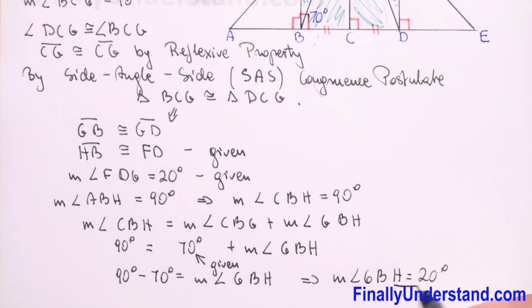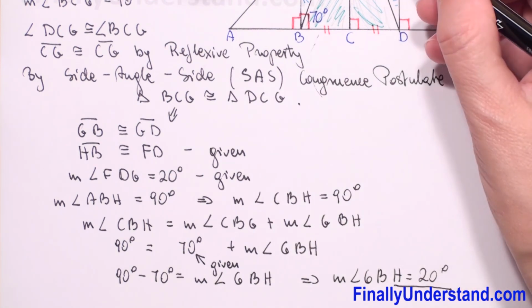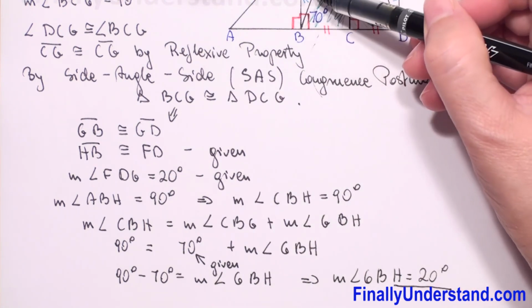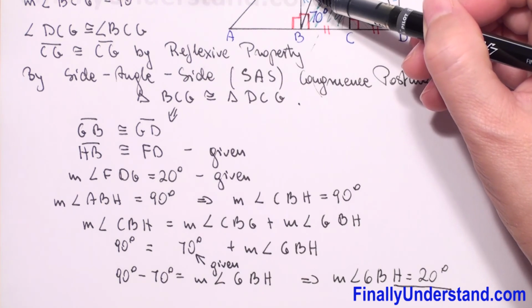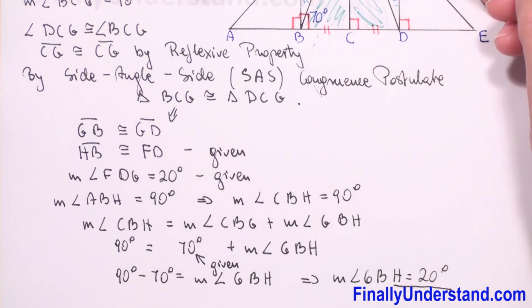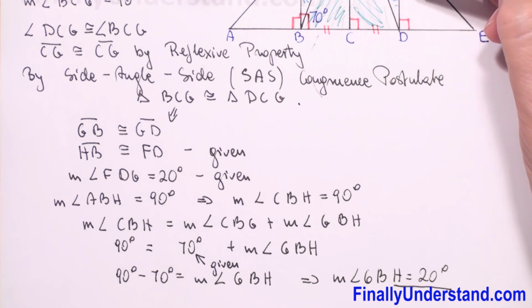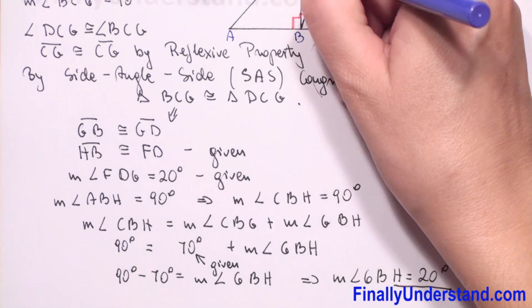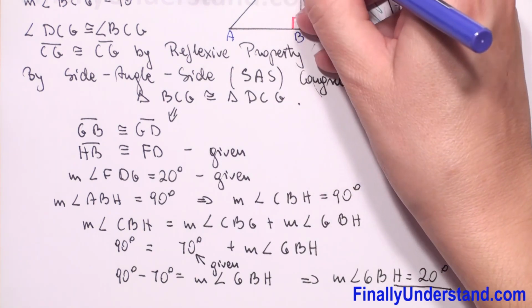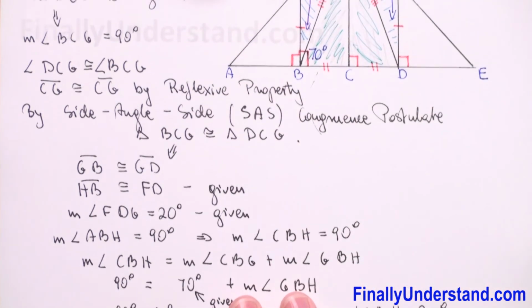We found that the measure of angle GBH is 20 degrees. And we are given that the measure of angle FDG is 20 degrees too. So this angle is 20 degrees too.